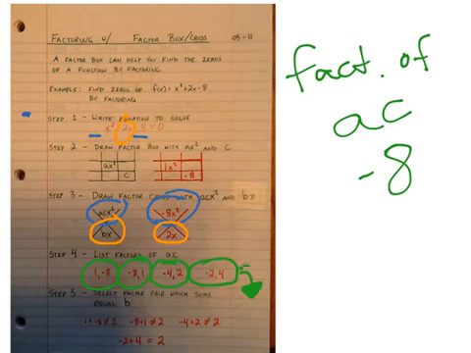I know many students who actually skip steps 4 and 5 and just go straight to step 6, but until you're comfortable with it, what you're going to do is pick which of these factor pairs add up to our b.